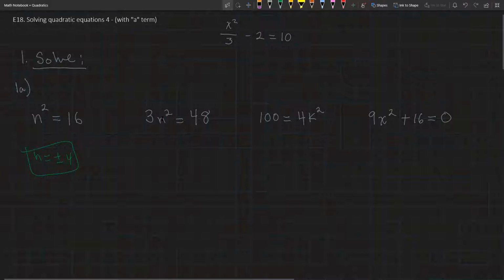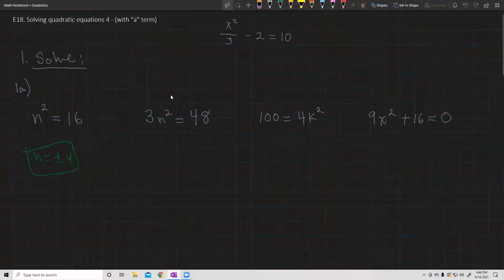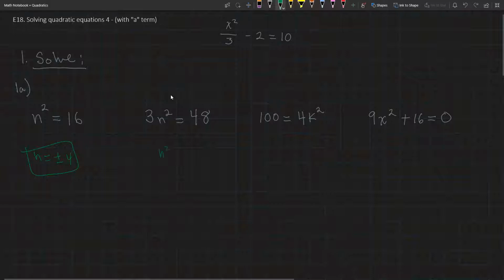We want to undo the 3 times something. How do we undo multiplying by 3? We're going to divide both sides by 3 so that we get an n squared on the left side. 48 divided by 3 is 16, so n is either positive or negative 4. Notice how we turned this equation into that equation. It gave us the same set of solutions.